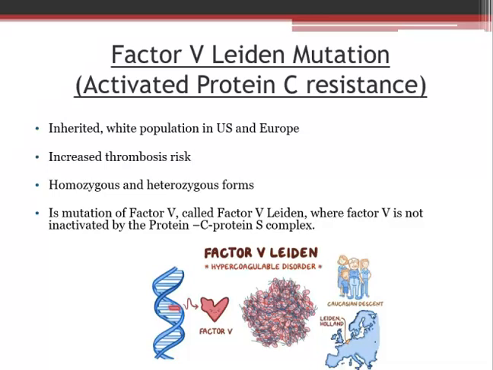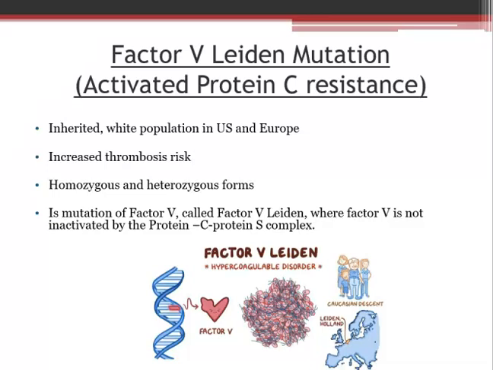So there is a condition called a factor V Leiden mutation. It's activated protein C resistance. This is an inherited condition, and you'll find it more in white populations in the U.S. and Europe. It's an increased thrombosis risk or clot formation risk. You'll see it both in homozygous and heterozygous formations.